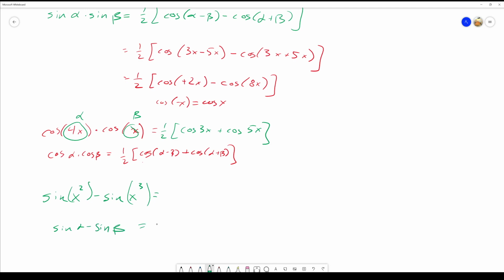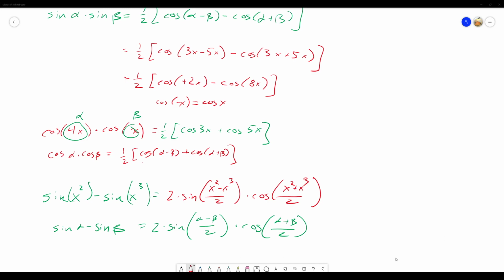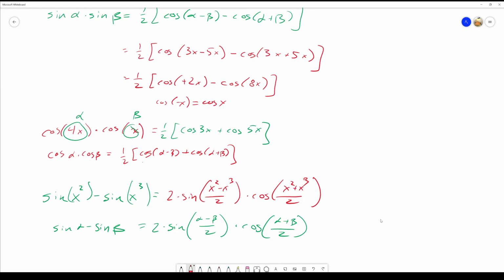And sine of alpha minus sine of beta is 2 times the sine of alpha minus beta over 2 times the cosine of alpha plus beta over 2. So this is going to become 2 times the sine of x squared minus x cubed over 2 times the cosine of x squared plus x cubed over 2. And really, that's all there is to this. So if you don't have any questions now about how to actually use this, we're done.